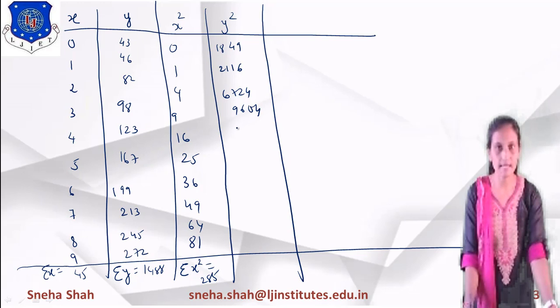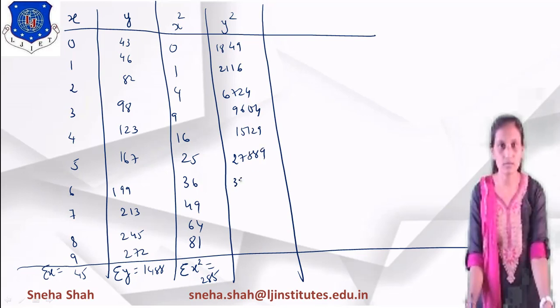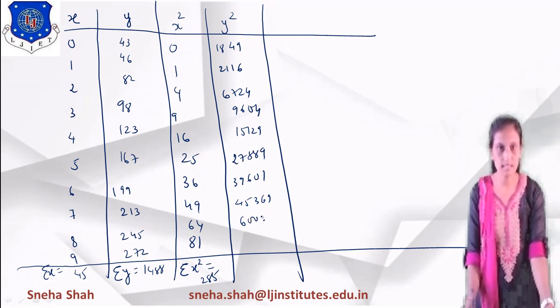The square of 123 is 15129. The next one is 27889. 199 square equals 39601. 213 square equals 45369. This one is 60025 and the last value is 73984.